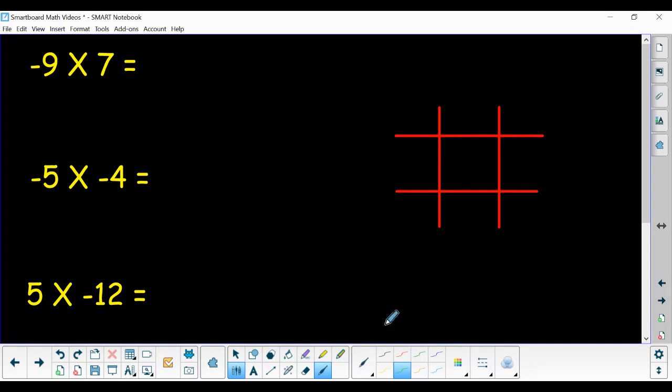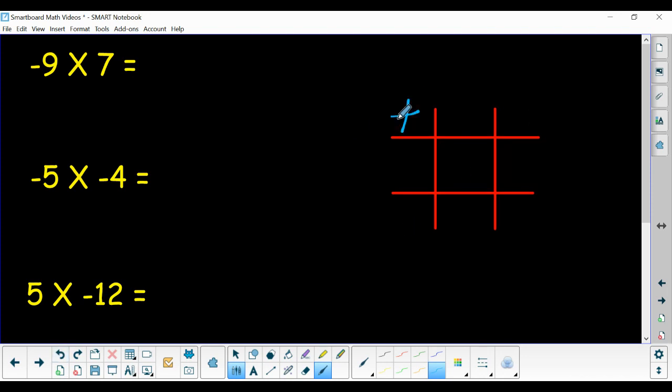And the way you set it up is you're going to replace positive signs diagonally. Diagonally means this way. Or you can even put them diagonally the other direction. It's up to you. I'm just used to doing it this way. So those are going to be positive.